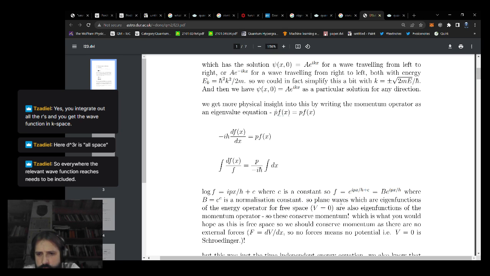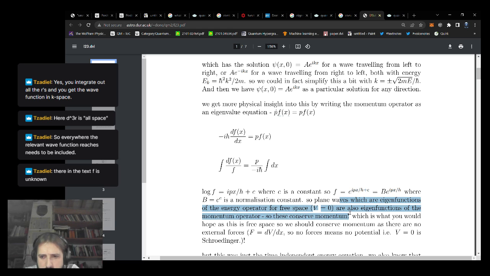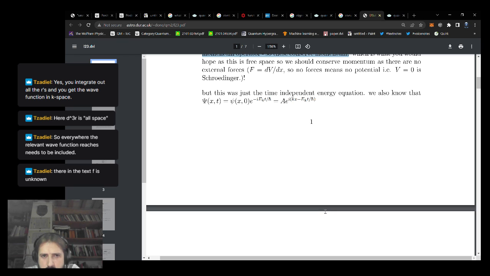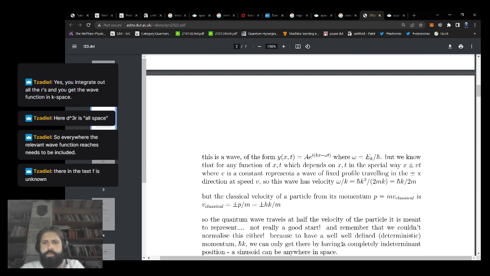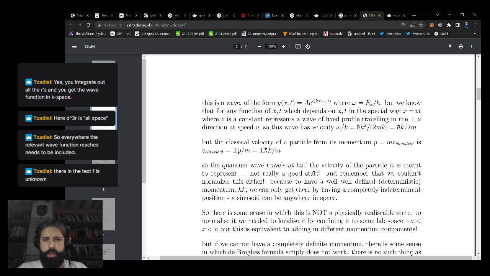Plane waves, which are eigenfunctions of the energy operator for free space, are also eigenfunctions of the momentum operator. So these conserve momentum. So I have a well-defined momentum.